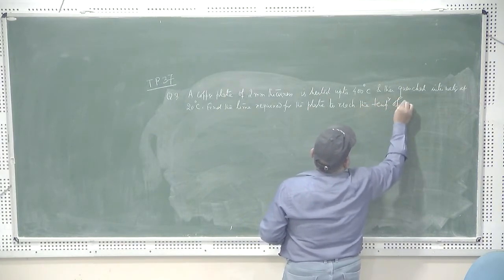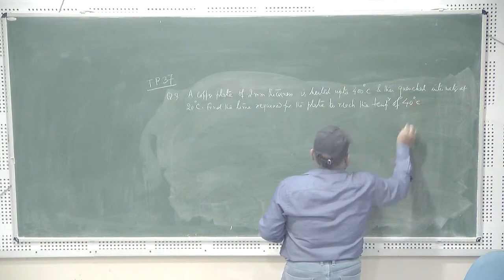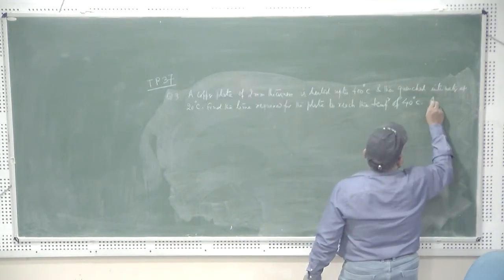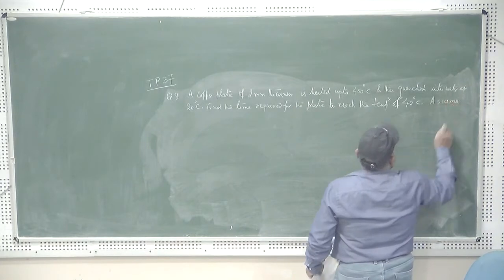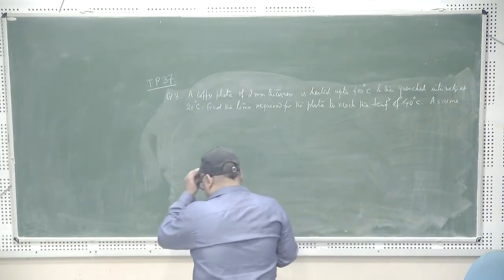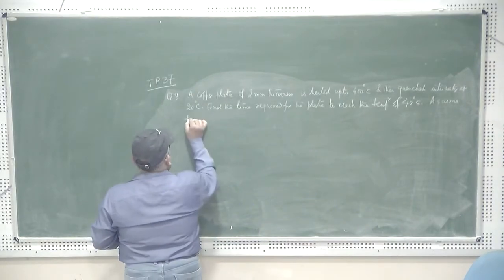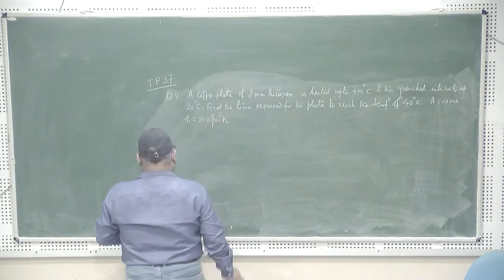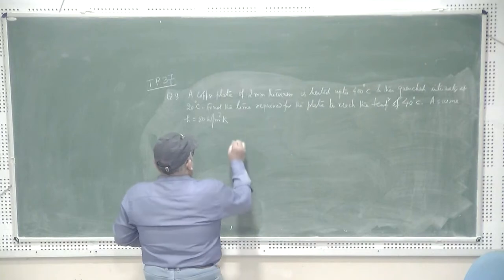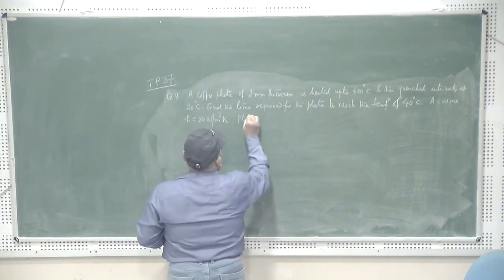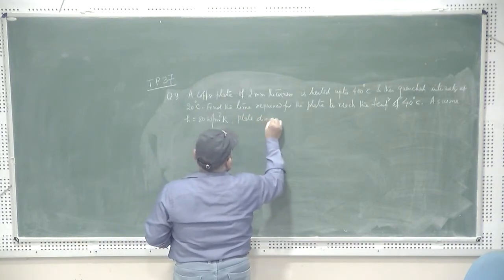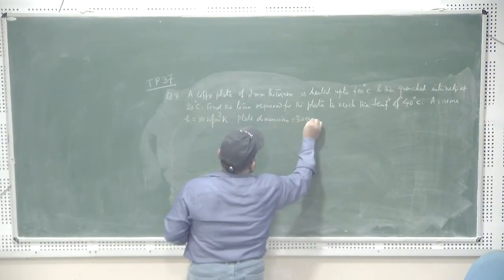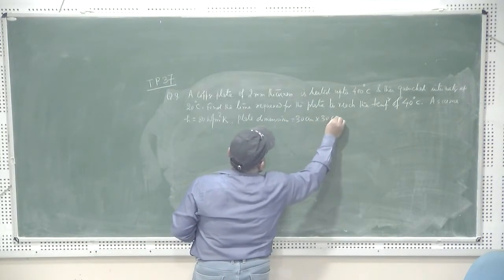To reach the temperature of 40 degrees centigrade, assume the convective heat transfer coefficient h equal to 80 watt per meter square Kelvin. Plate dimension is equal to 30 centimeter into 30 centimeter.